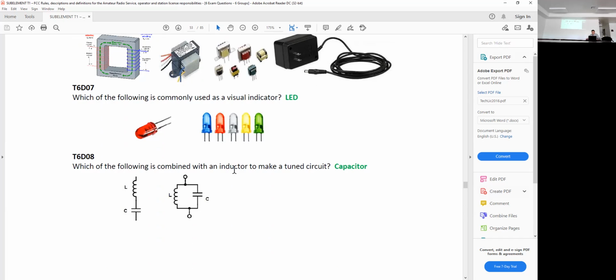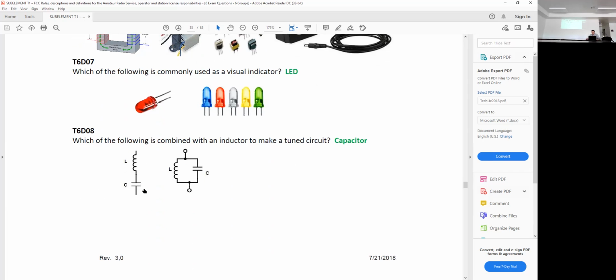Which of the following is combined with an inductor to make a tuned circuit? And that's the capacitor. And here's 2 examples of tuned circuits. Why do we care about tuned circuits in amateur radio? There's a lot of radio signals out there, and we usually only want to listen to one at a time, or we maybe want to scan them, but still we're checking this one and checking that one and checking this one.